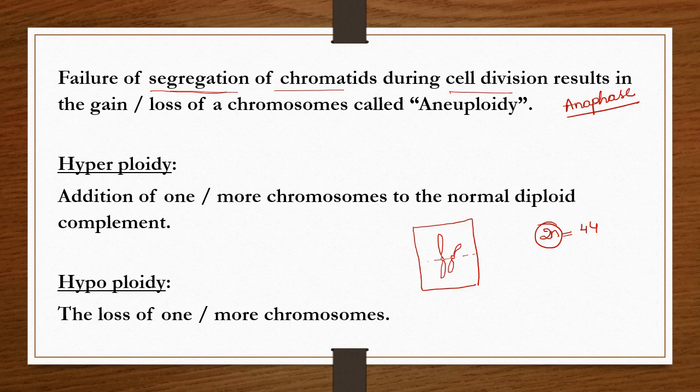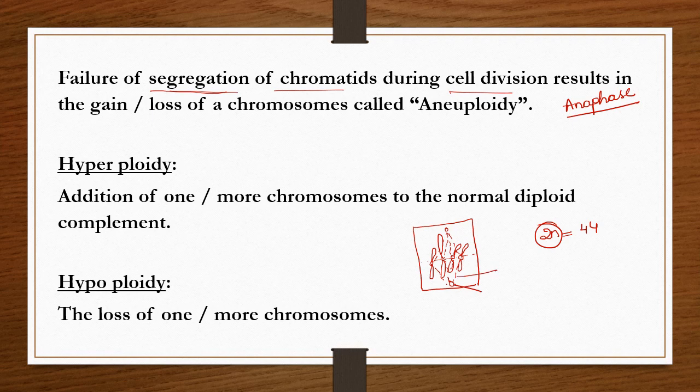Suppose four chromosomes are present in this cell. During anaphase, the spindle fibers are attached to the centromere region of the chromatids. This circle is the centriole, and these lines are called spindle fibers.